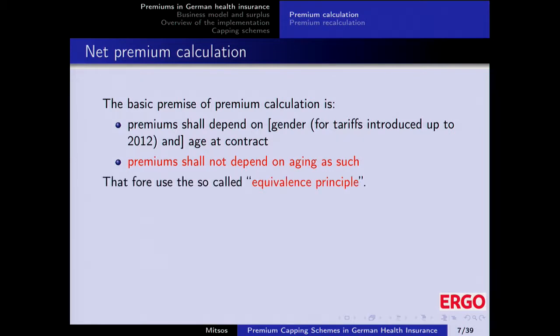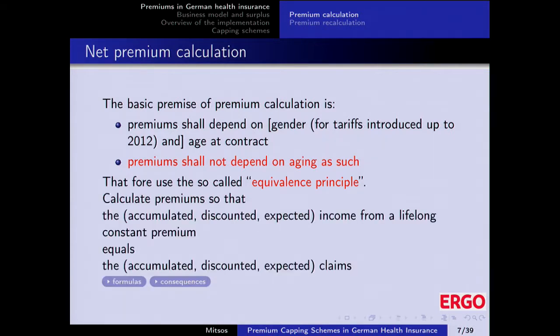This means we use a principle, it's called equivalence principle. We calculate the premiums in such a way that the income from a lifelong constant premium equals the lifelong claims. And of course, all this data have to be accumulated and discounted with the interest rate and the mortality rate and such things.